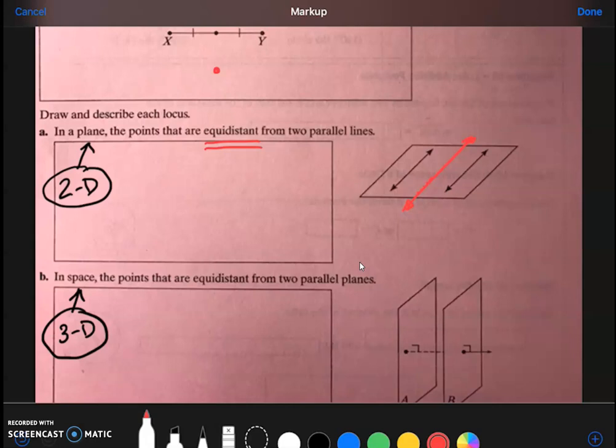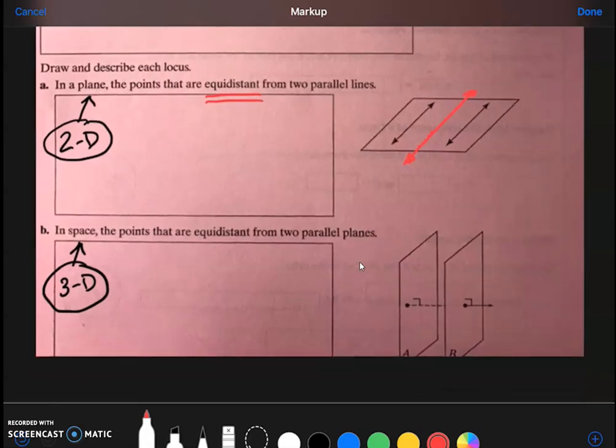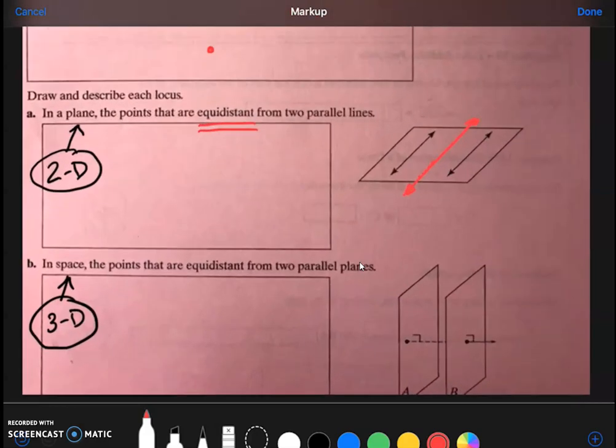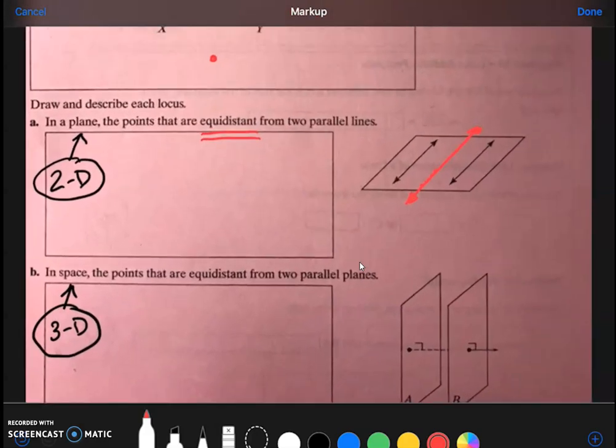The answer is just a visual. And again, today's work, you'll just be doing a lot of drawings. And then this one here, it says in space, points that are equidistant from two parallel planes. This one would be a little bit harder. I might have run out of screen here, but there's two planes here at the bottom. There's plane A and B. And basically, you just want to be in between them.